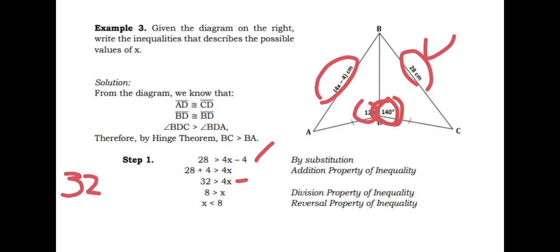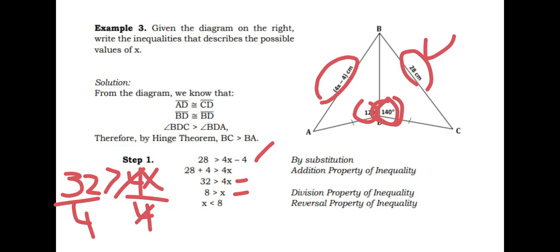So 32 is greater than 4x. Divide both by 4 to cancel this. So that will give us 8. So 8 is greater than x. Okay, so that is by applying the division property of equality. So by reversal property of equality, we can also say that x is less than 8.